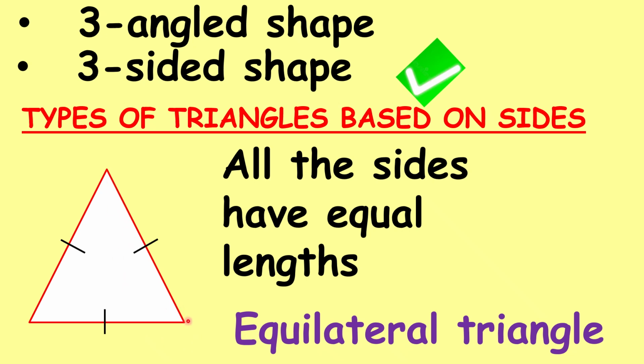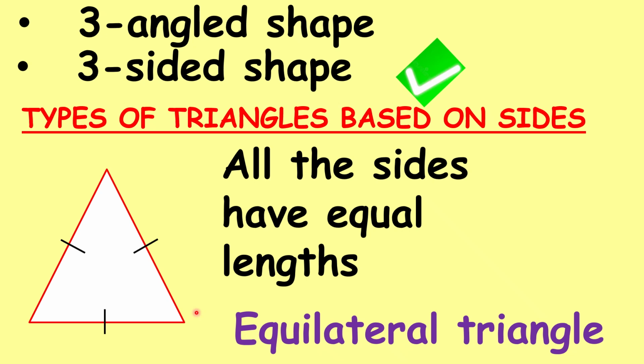And once they have equal sides, it also implies they have equal angles. So for an equilateral triangle, the sides are equal, the angles are equal.